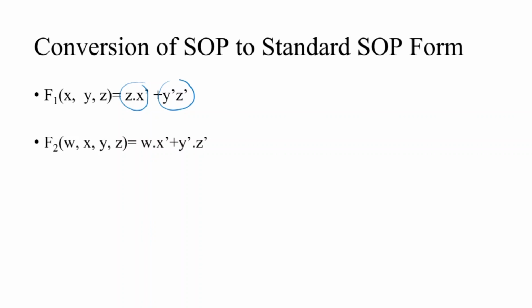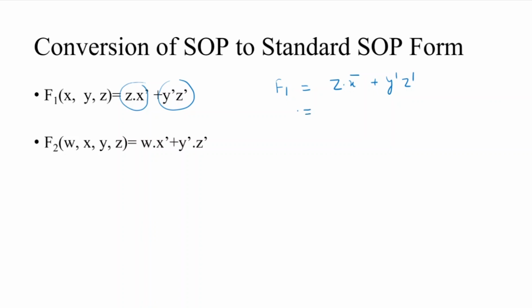Here this function f1 is written as z dot x complement plus y dash z dash, that is y complement z complement. In the first term one literal is absent. Which literal? x and z are present, so in this term the y literal is absent.